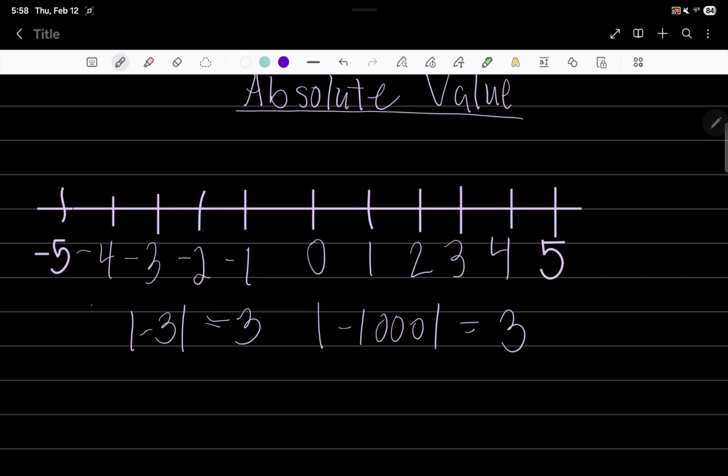Ooh. Had 3 in my mind. And the absolute value of positive, let's say 50, is 50.